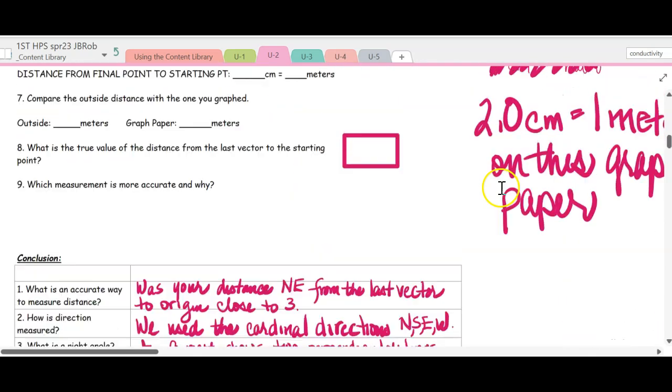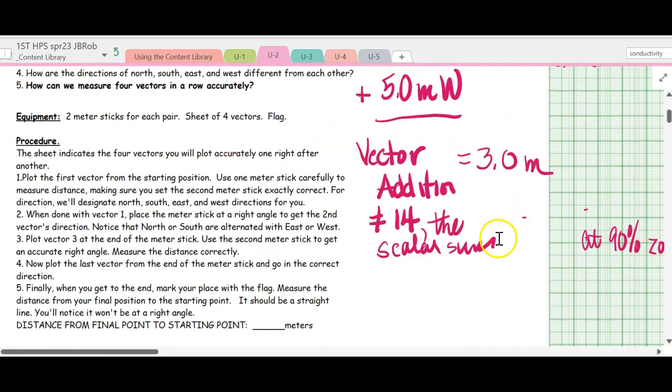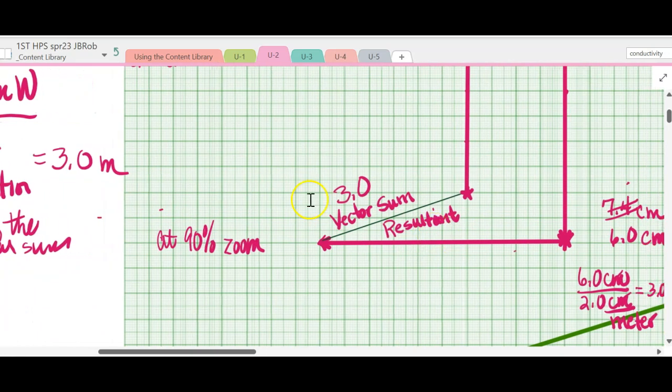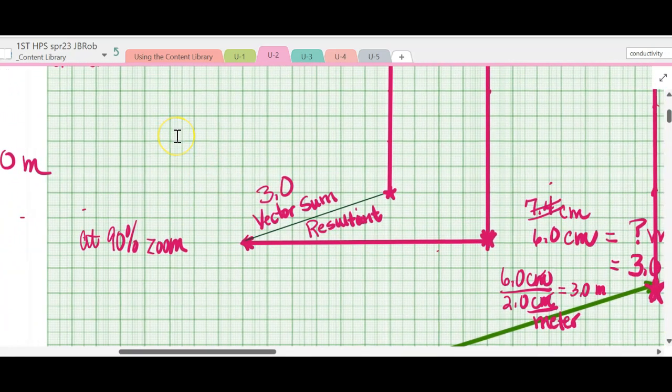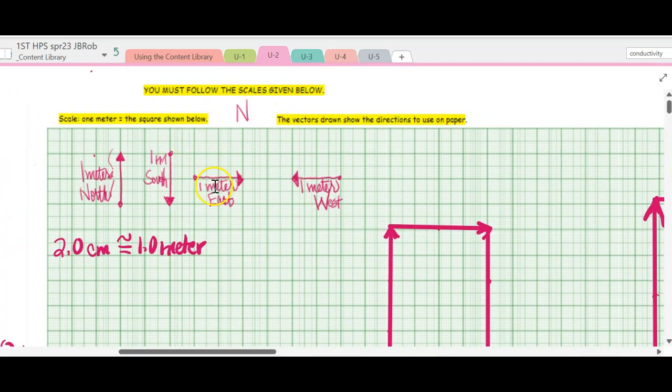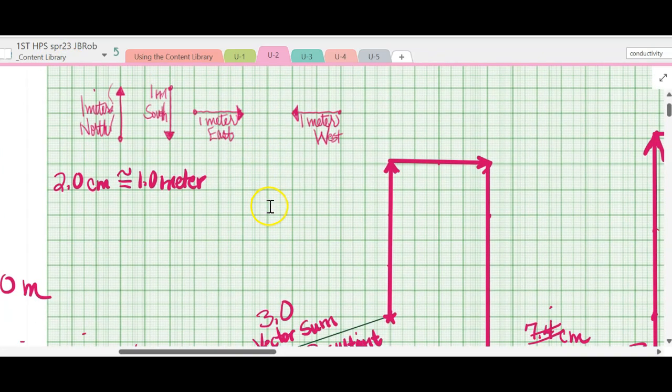Now, the hardest thing to do is probably figure out the scale. So what you're going to have to do is measure. If you aren't at 90% and you did something else, all you have to do is measure how far it is from this point to this point in centimeters. That's what we said was 1 meter.